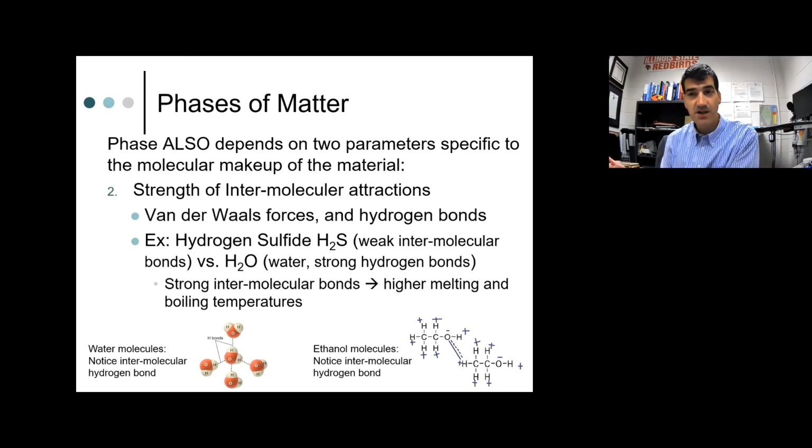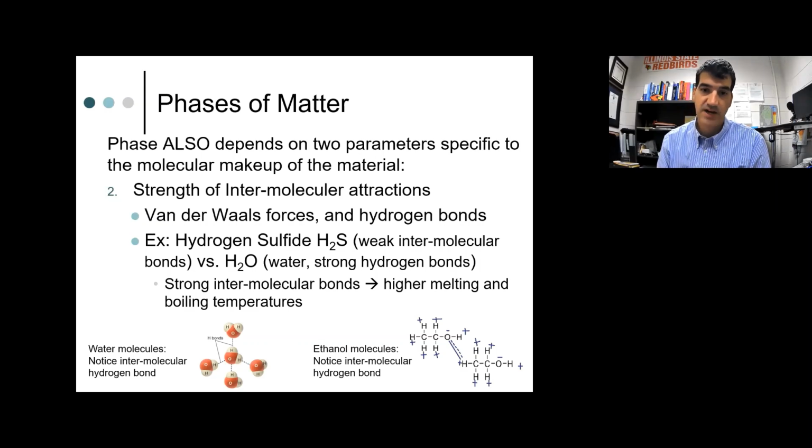Water is a small molecule, but it has very strong intermolecular bonding between them. So the smaller the molecule tends to depress the boiling and melting temperatures, but the strength of the intermolecular bonds tends to elevate the temperature at which it melts and boils.